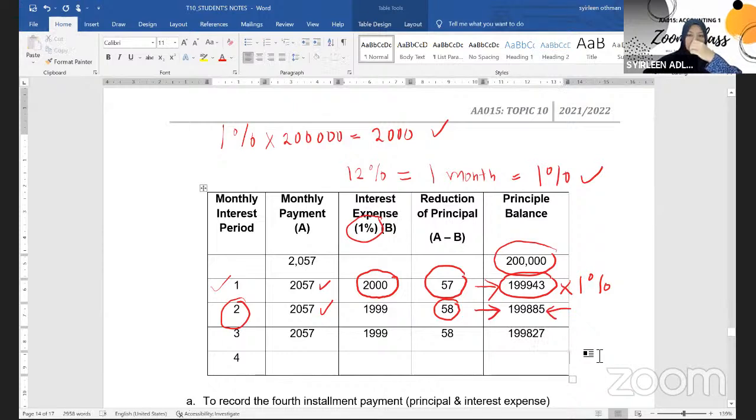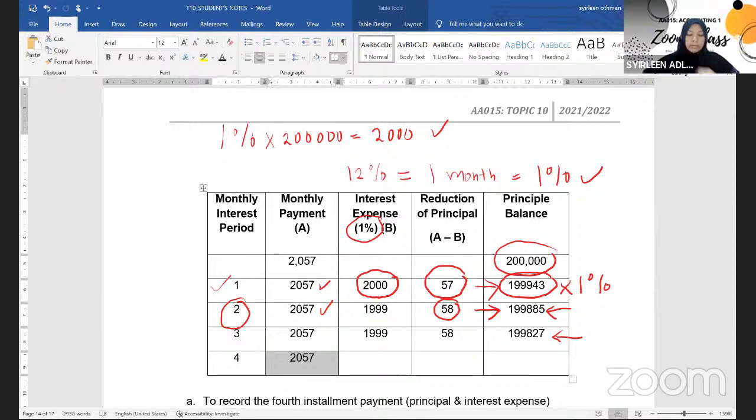from the overall total. Okay, for the next month, for the fourth month, you are still paying for the same installment amount, okay, and your interest is 1% based on this amount. Okay, so earlier just now was 199,885. So kita round up ke 1,999. Okay, for the fourth month, the value for your principal ialah RM199,827.